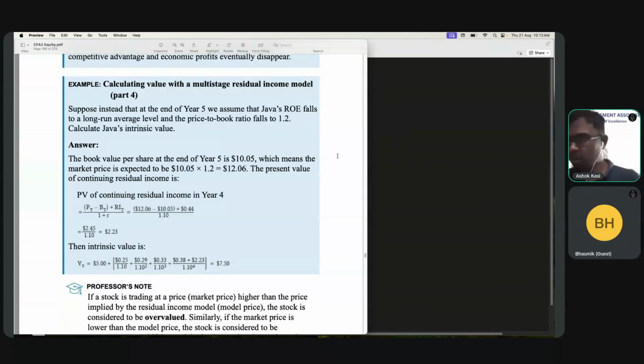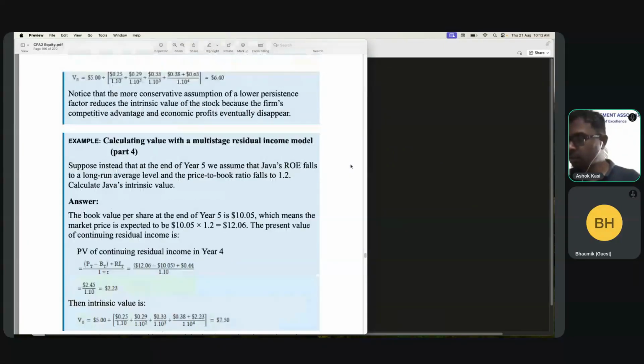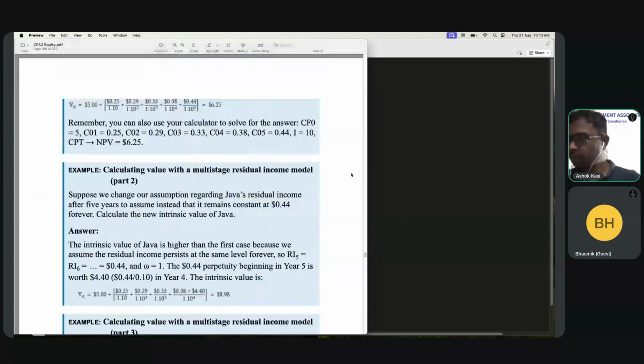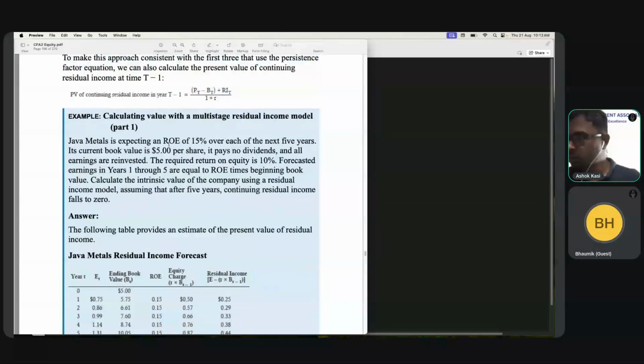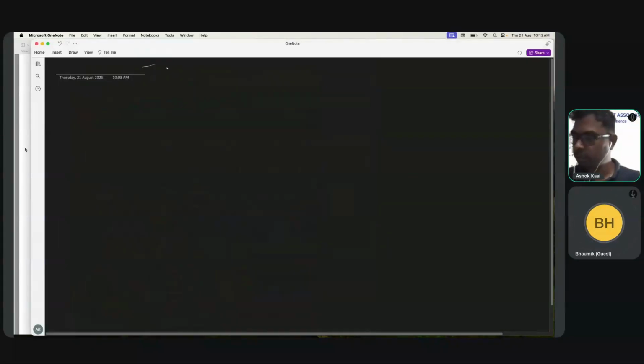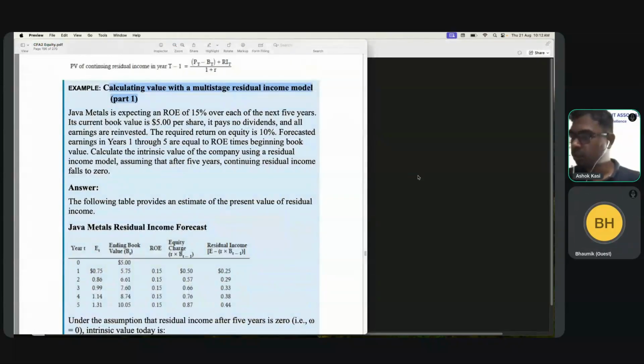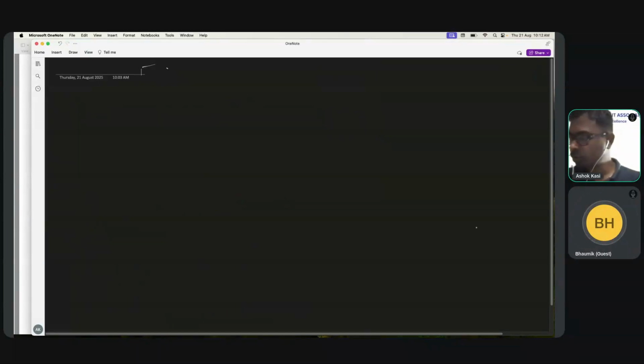Okay, I'll quickly do the first part and then the last one. The first part is in this sum, residual income. You form the format: opening book value plus earnings minus dividend, then you will have closing book value.